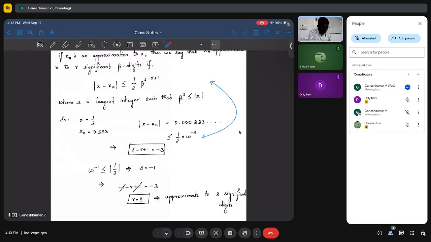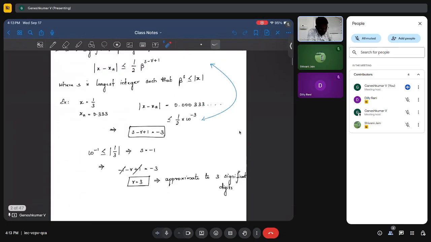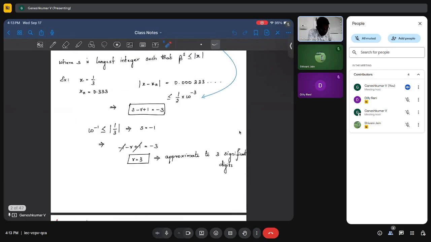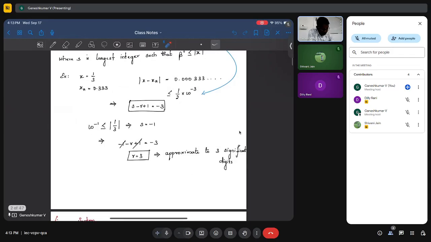But if I want to give an example, let's say x is 1 by 3 and I am approximating it as 0.333. To how many significant digits is this an approximation? How do we express that? For that we write x minus xa, and we find that to be 0.00033.